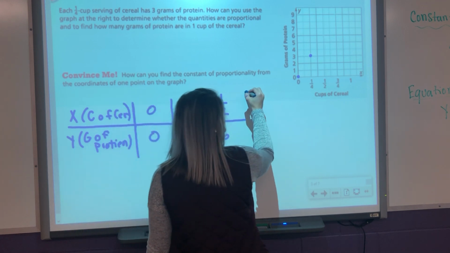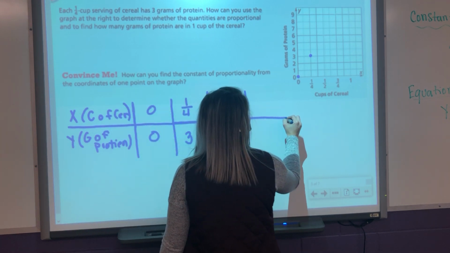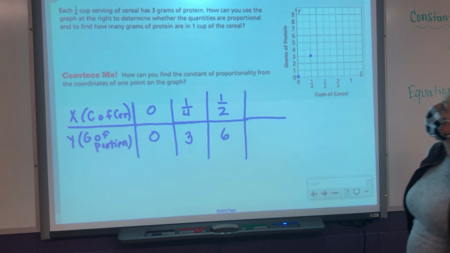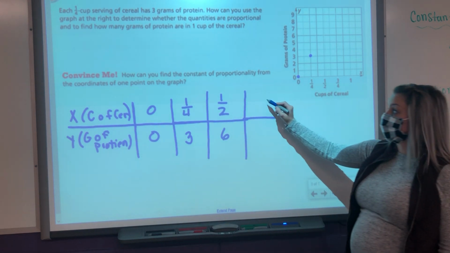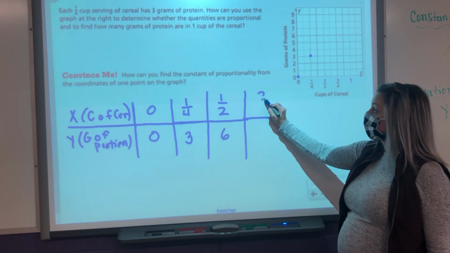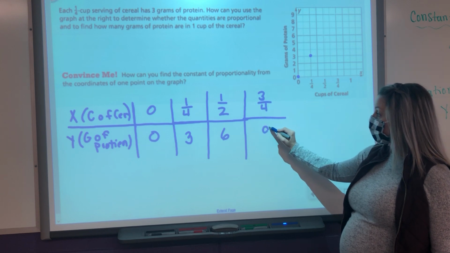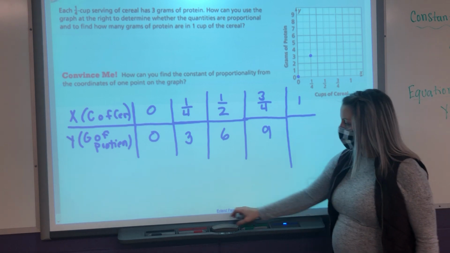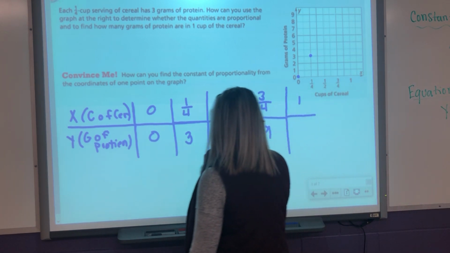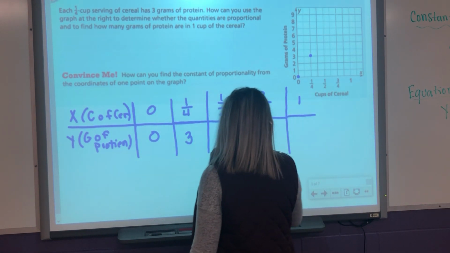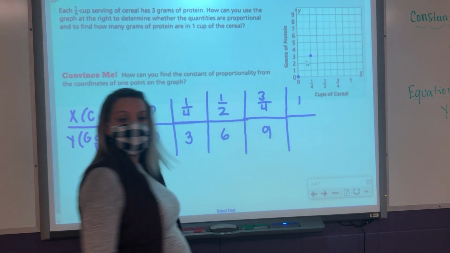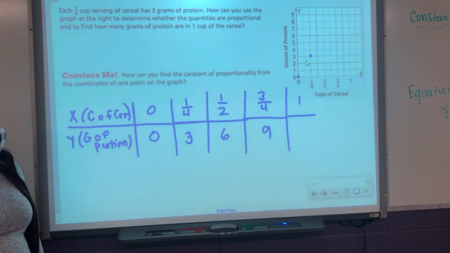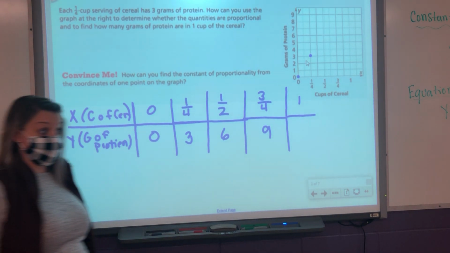Okay, so then 3/4 would give us how much? 3/4 you think will give us 9? So then how much would 1 cup give us? What do you think? 12? Everyone agree?